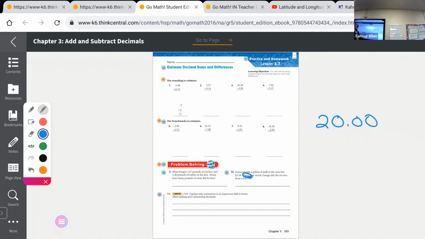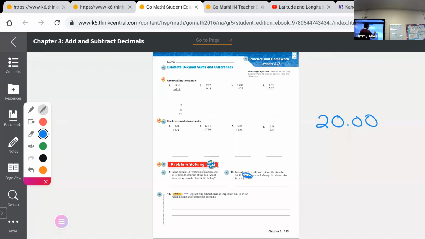And what benchmark would you have used for this? Remember our benchmarks we were using were 25, 50, 75. You rounded, which would have been fine.